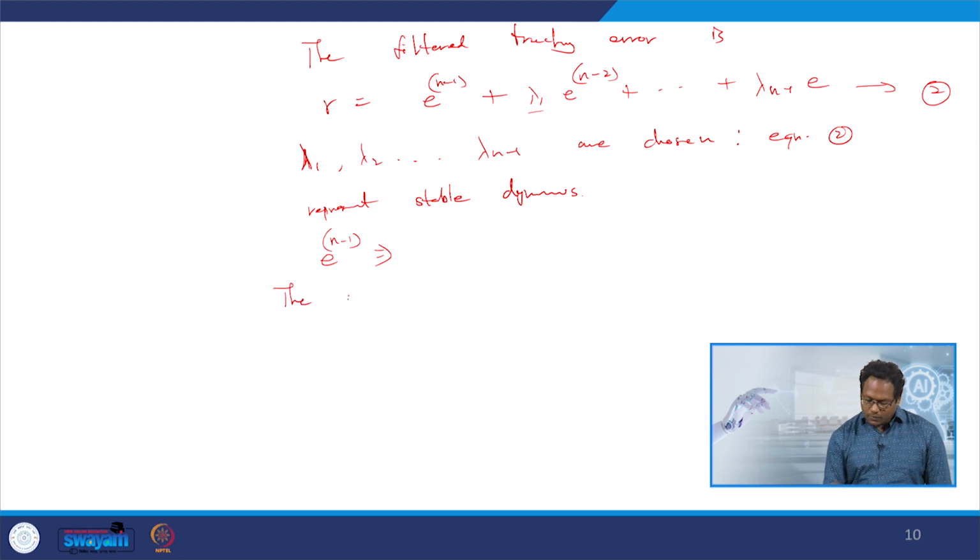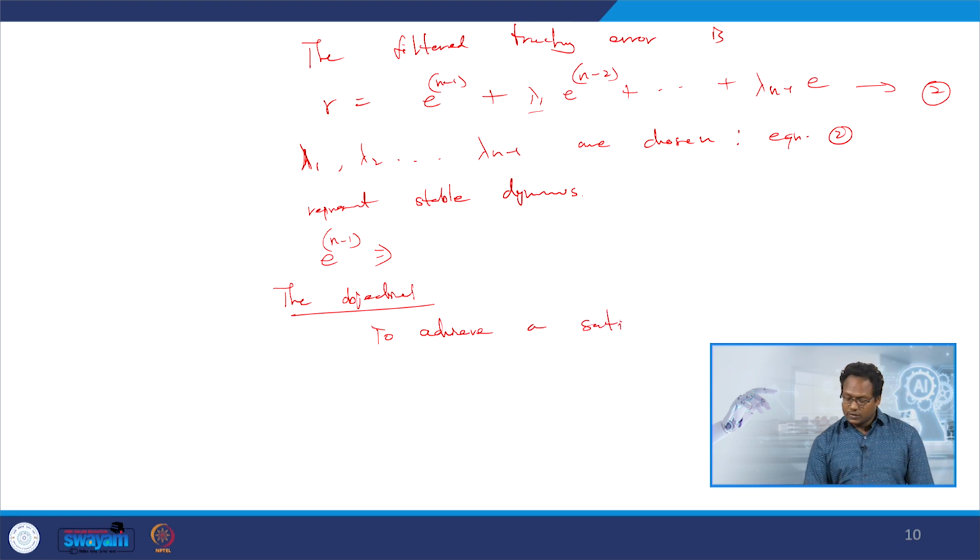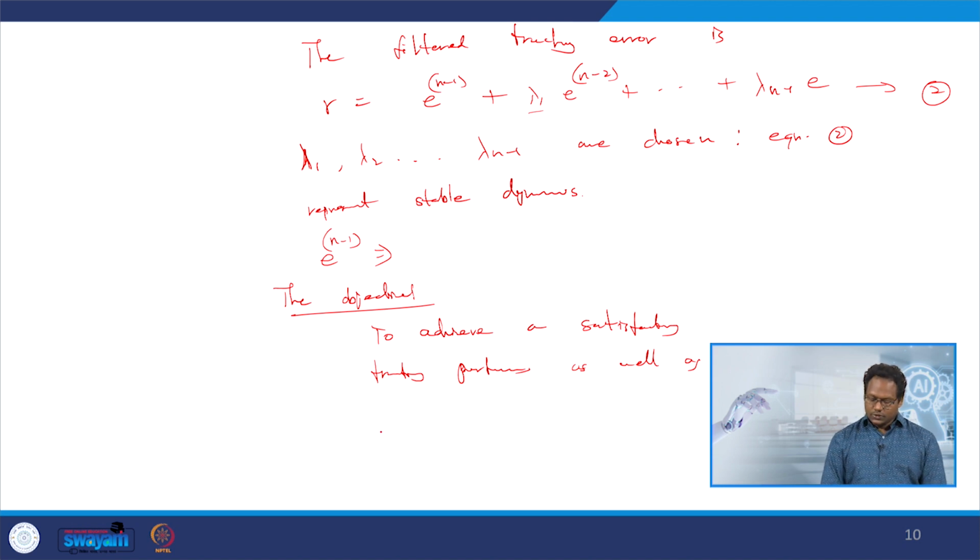Now, the objective here is to achieve a satisfactory tracking performance, as well as maintaining the boundedness of the weight vector of the neural network W hat and the error.